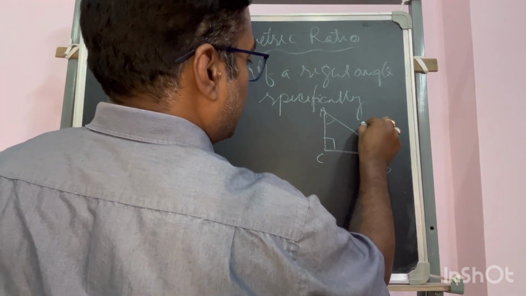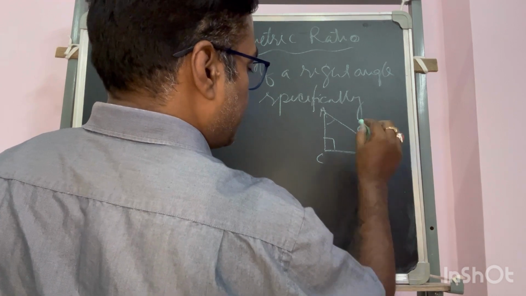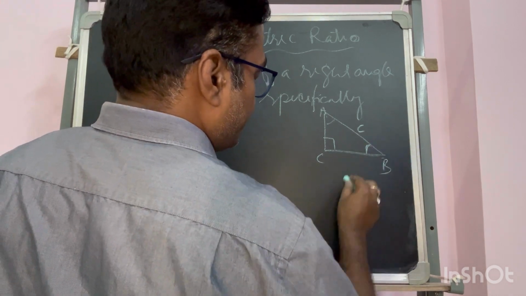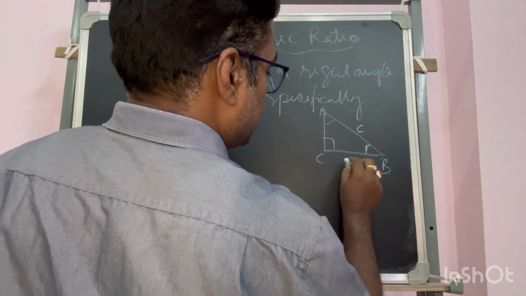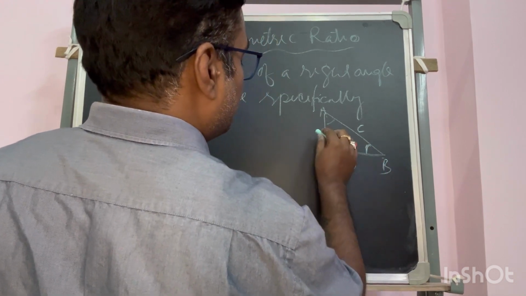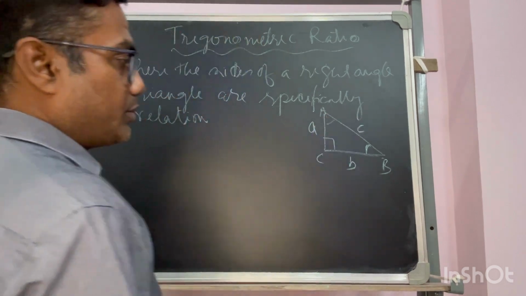the longest side is called the hypotenuse. If I consider any acute angle, say B, the adjacent side is called the base, and the opposite side is called the vertical or perpendicular.